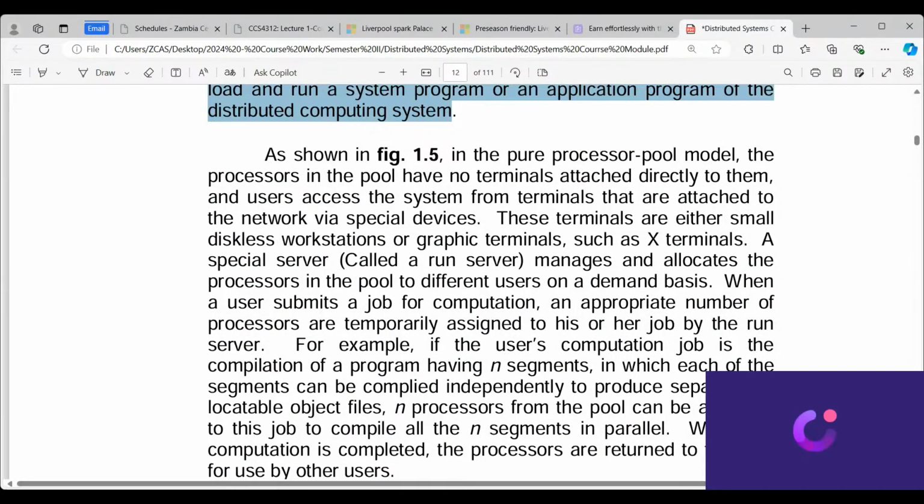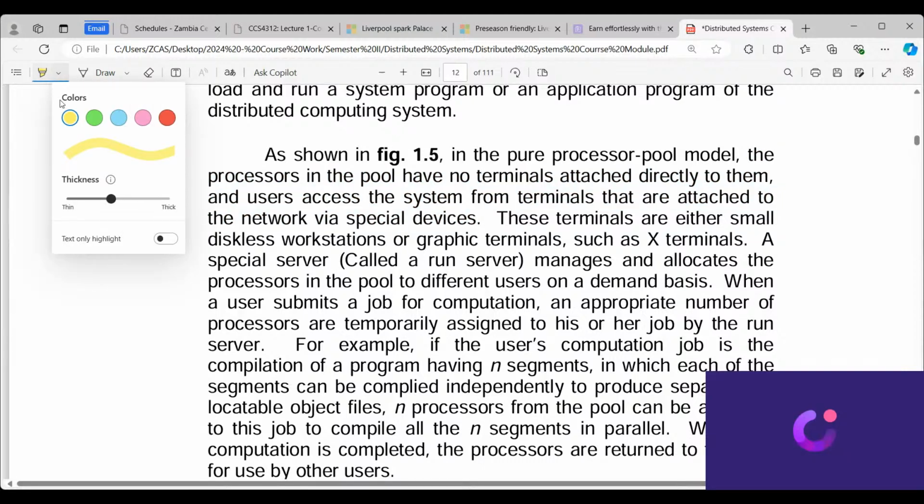As shown in figure 1.5, in the pure processor pool model the processors in the pool have no terminal attached directly to them, and users access the system from terminals that are attached to the network via devices.